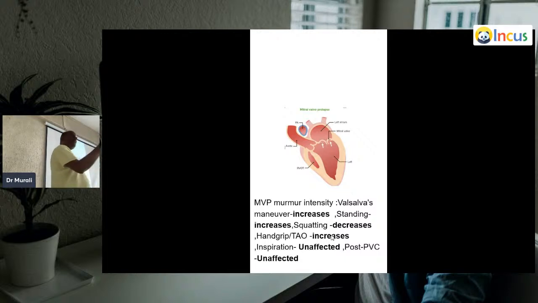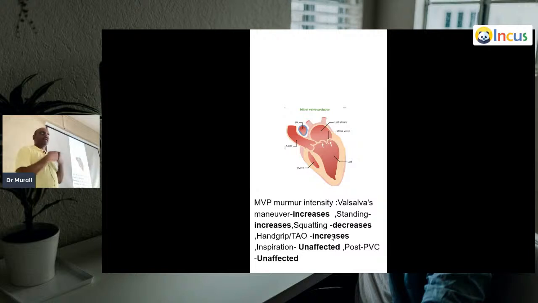If you do hand grip, what happens to HOCM? Hand grip increases catecholamines. It decreases the murmur in HOCM. In hand grip, catecholamines increased, afterload increased. To fight against that afterload, ventricular inotropic contractility increased.